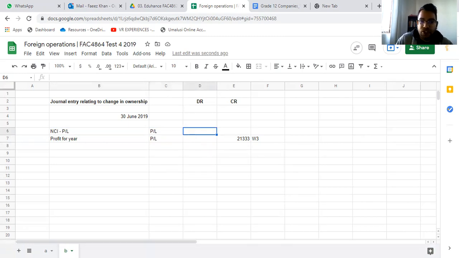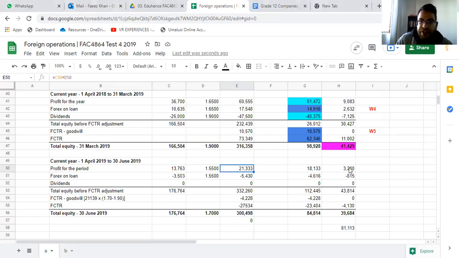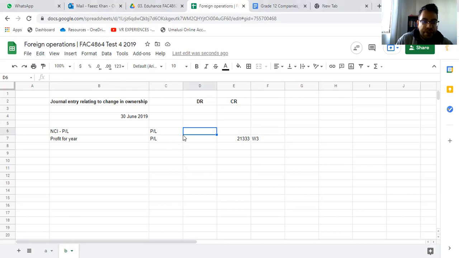So what is the NCI's portion? The NCI's portion is that over there, the 3.2. So we reduce our portion with the 3.2. That is the NCI.